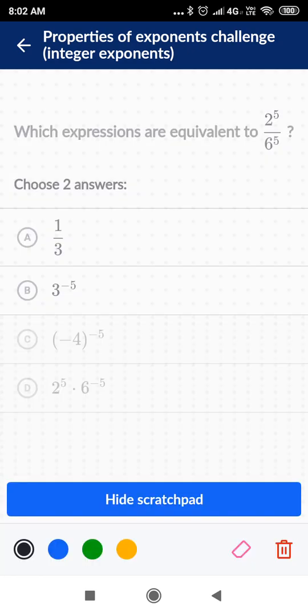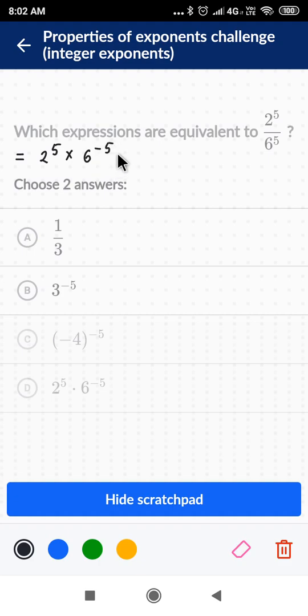Okay, we'll put everything in a standard form. What is the standard form? Nothing in the denominator, and in the numerator also we try to simplify as much as possible. So this is equal to 2 to the power 5 into 6 to the power minus 5.